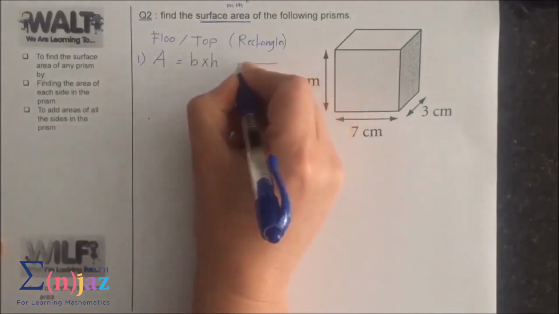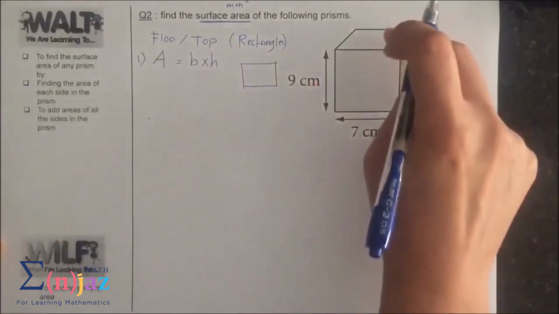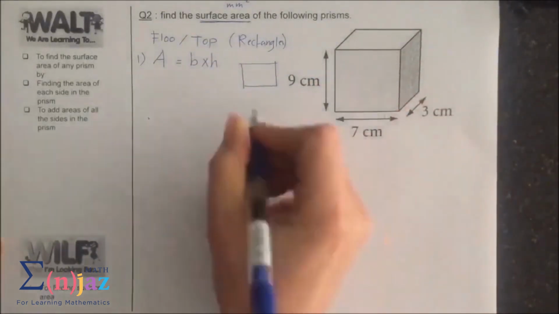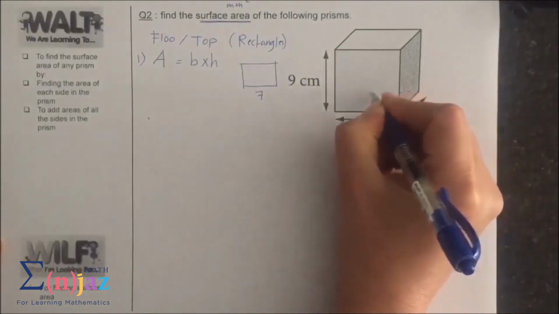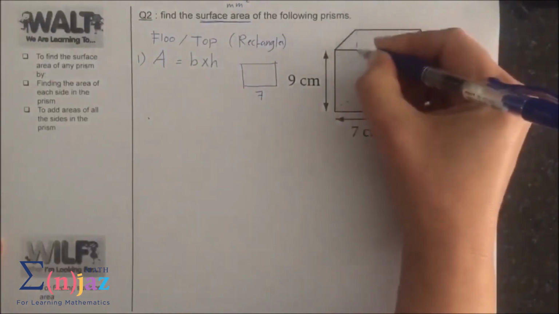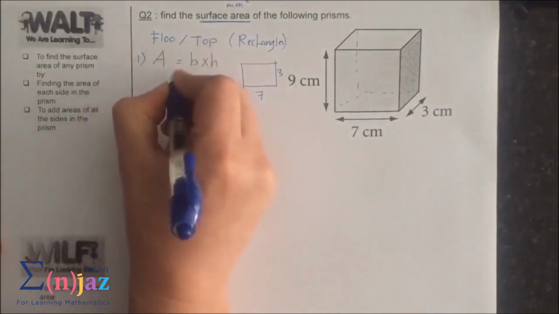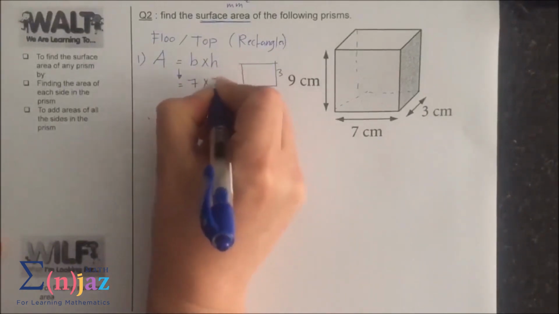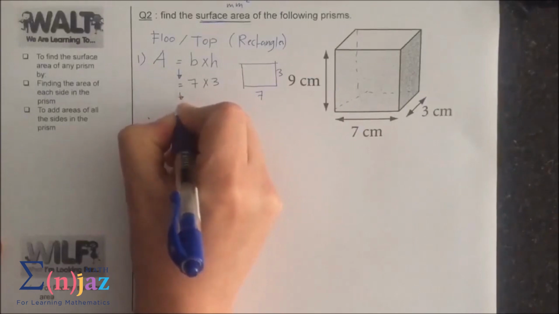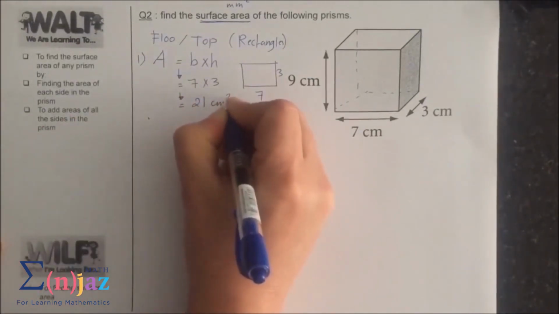Let's draw a little sketch here for this face and this face. What are the dimensions? 7, and this face is identical to the top, and this is 3. So step number 2, substitute. It's going to be 7 times 3, calculate, and it's going to be 21 centimeter squared.